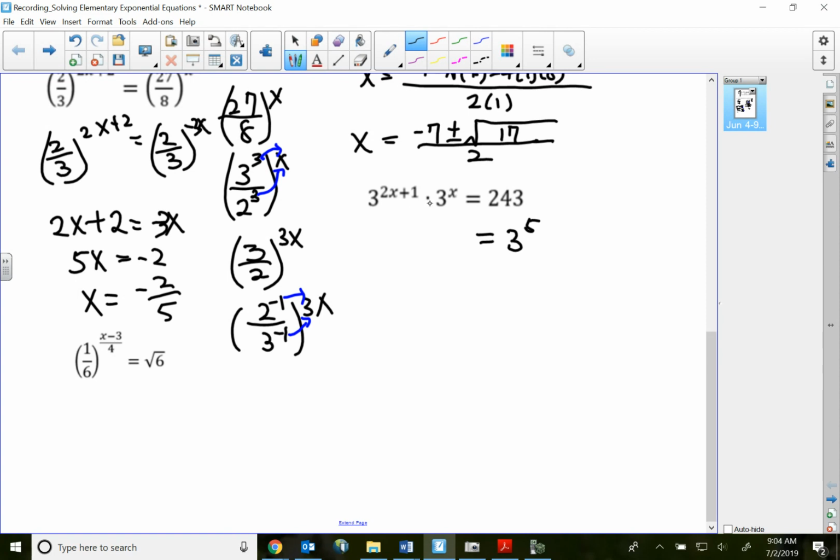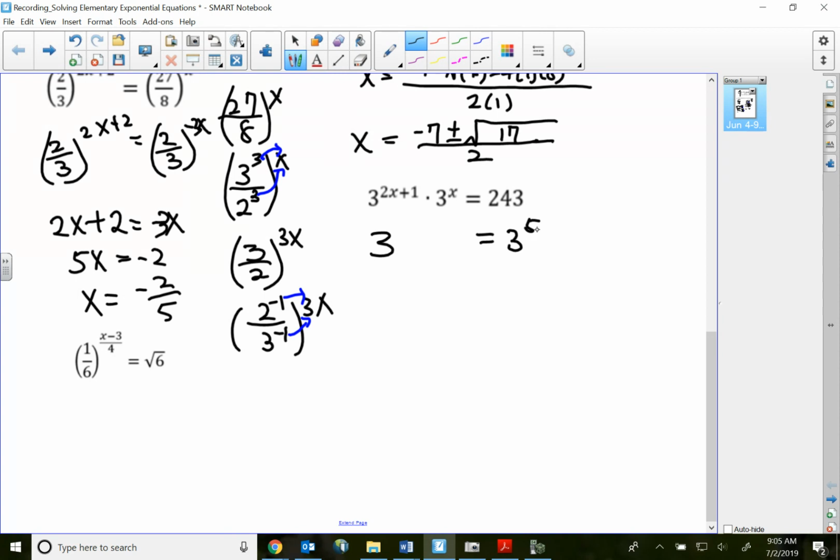According to the product rule, when the bases are the same and the bases are multiplying, we will add the exponents. Now, that is actually true, but let's just write it that way.